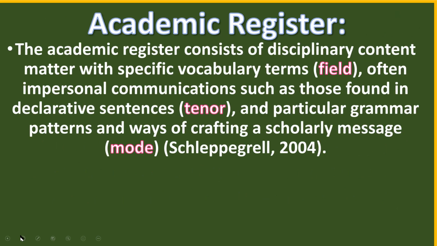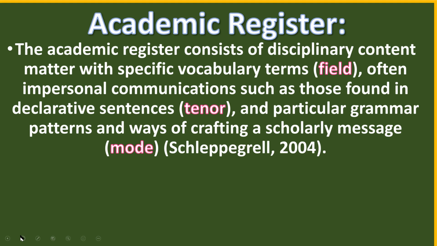So the academic register, the academic language, consists of the field, and the field would be the particular concepts, topics, data, and particularly the unique vocabulary words of a particular discipline.